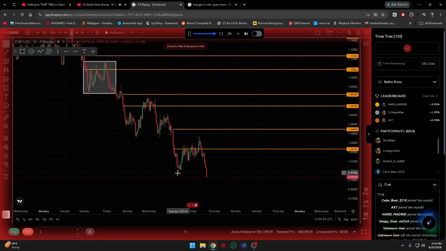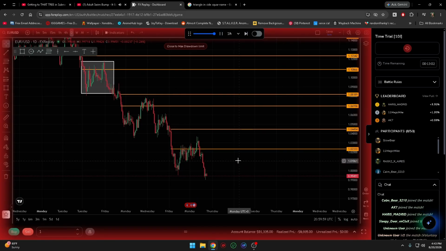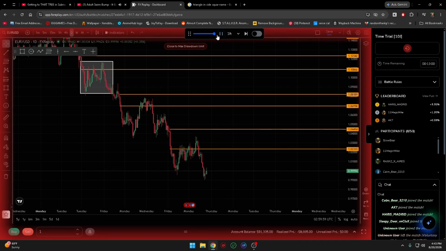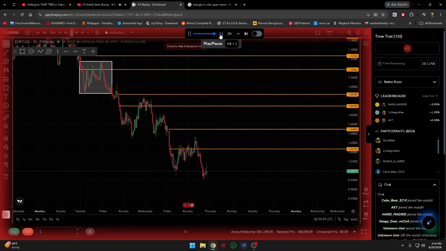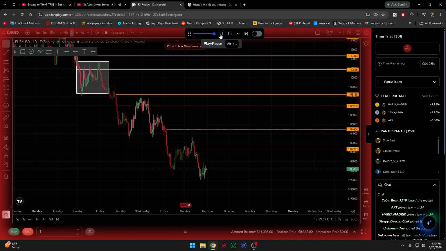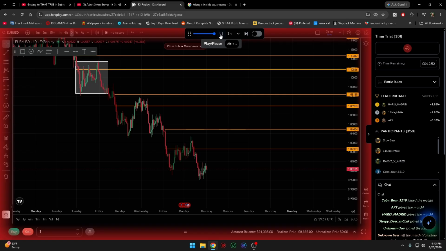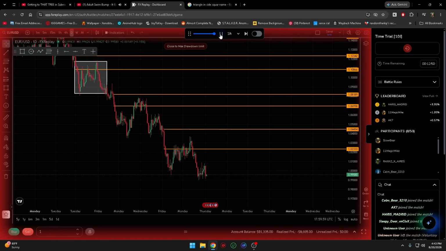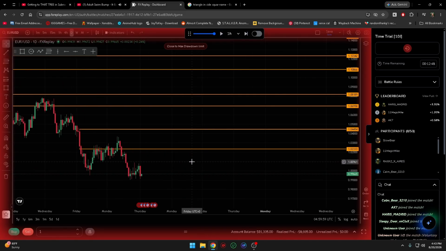Let me guess, it's breaking down because of this wick right here. Yep. Wow. I mean, technically. Did it fail once? Nope, it didn't fail once. Look right here.